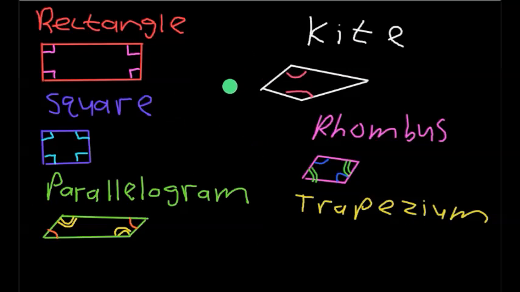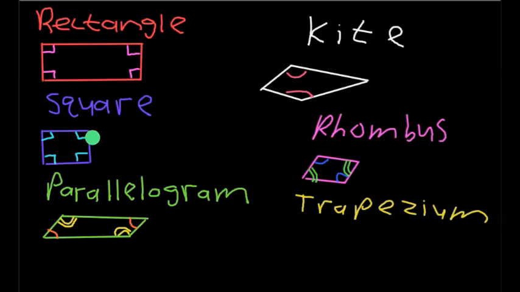We are now going to study the angle properties of the different types of quadrilaterals. First, we are going to focus on the rectangle. For a rectangle, all the angles are 90 degree angles or right angles. A square has the same property as a rectangle in terms of the angle sizes.